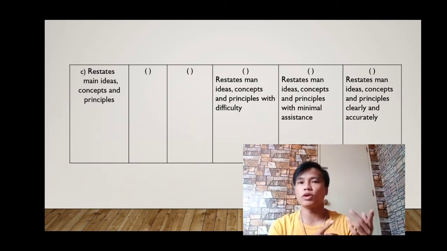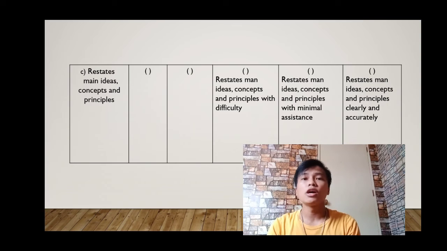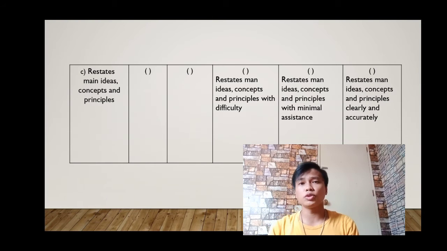So let's proceed to another category, which is the competent. So in the competent category, the students restate main ideas, concepts, and principles clearly and accurately. So let's proceed to the example.